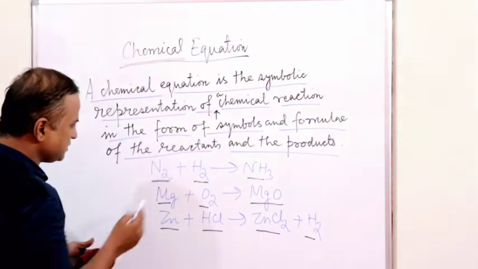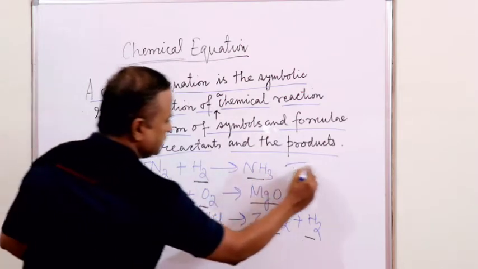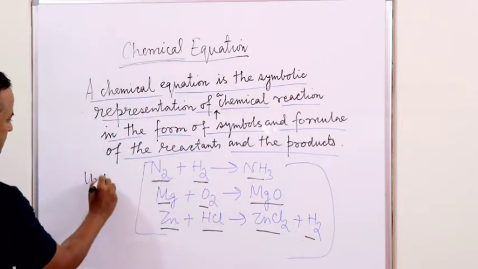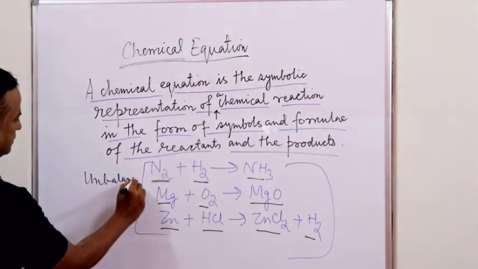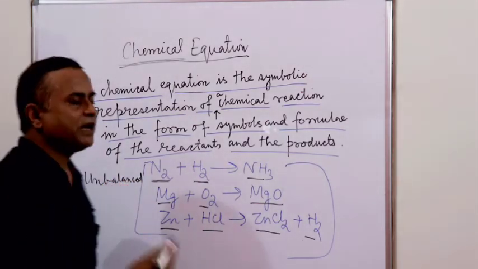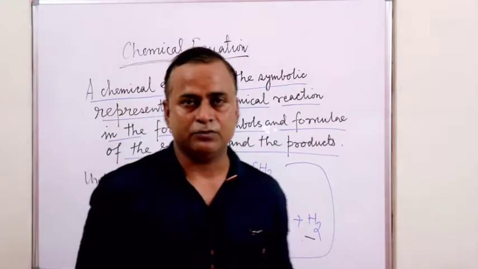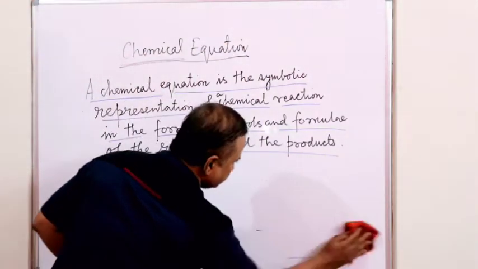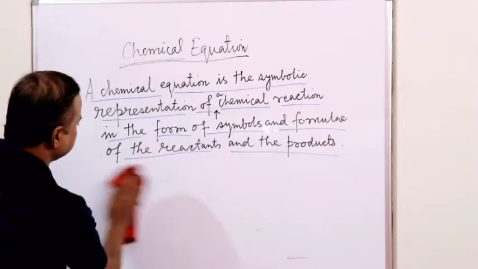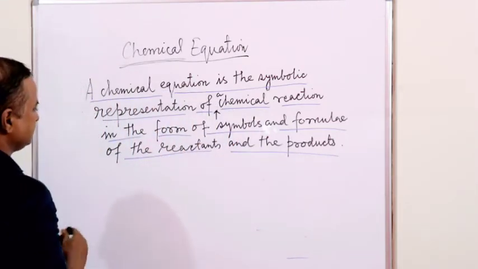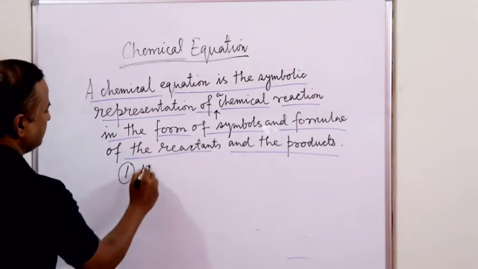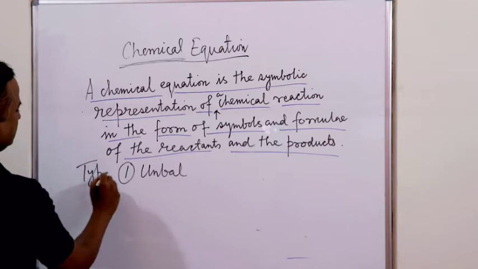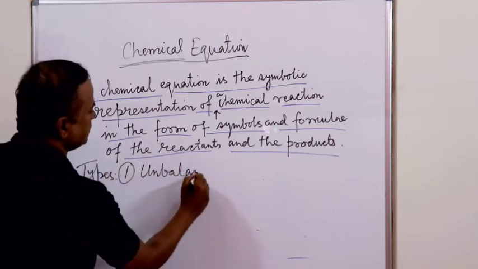So these equations are unbalanced. And when we balance them, they are called a balanced chemical equation. So the two types of chemical equations are, number one, unbalanced chemical equation.